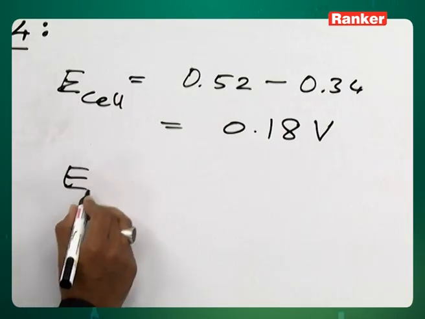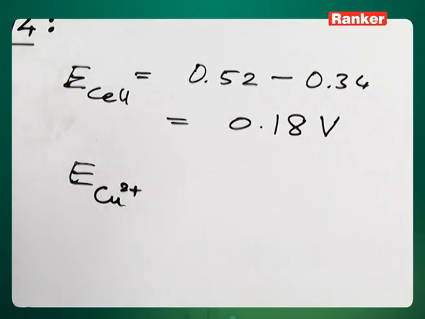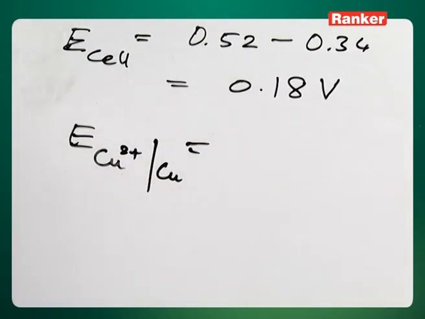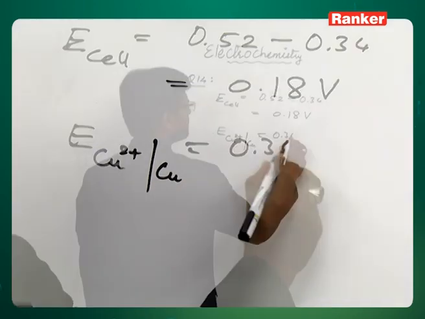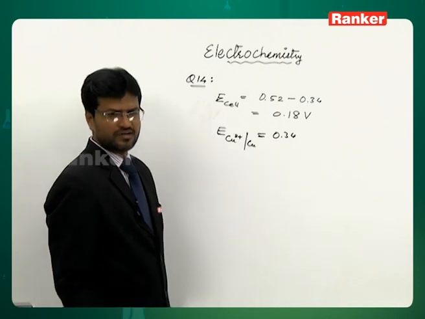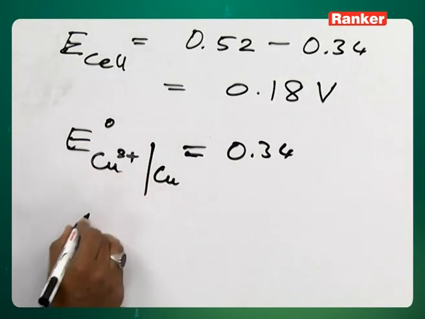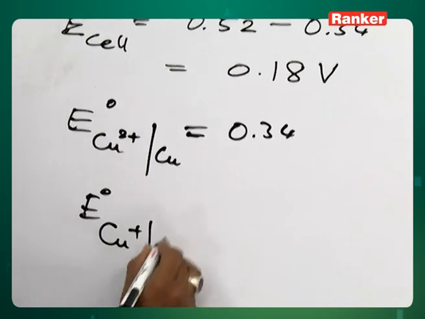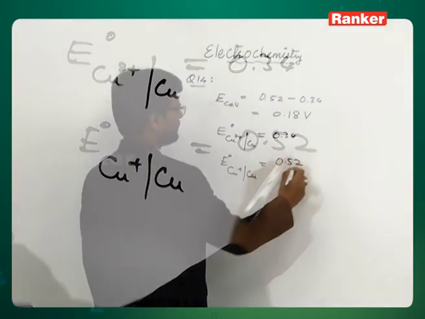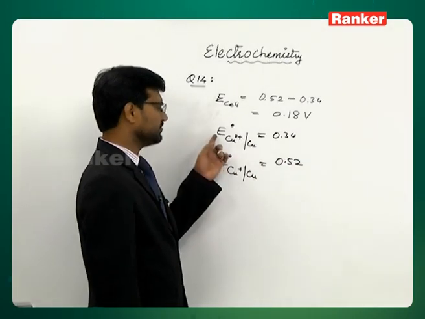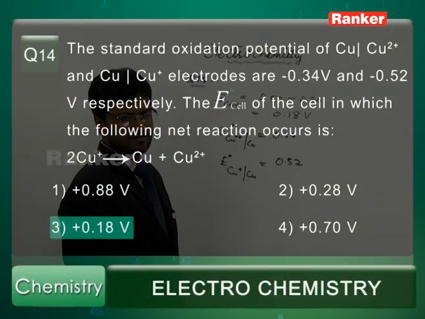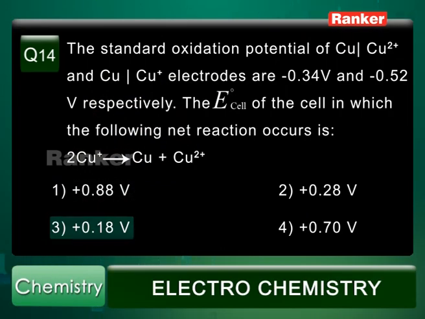See, E° Cu2+|Cu is given as 0.34. I have reversed this, so that becomes positive. So 0.34, and E° Cu+|Cu will become 0.52. So this becomes cathode, this becomes anode, and the difference comes to 0.18 volts. The correct answer is third option.